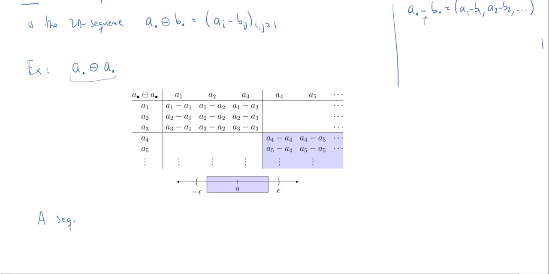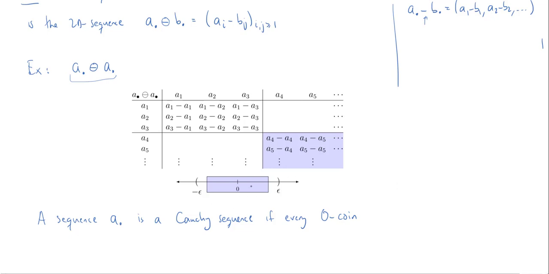A sequence A is Cauchy, or is a Cauchy sequence, if every 0 coin. Remember, we're trying to get the tail of this 2D sequence to get closer to 0, meaning we want the terms to get closer to 0, which means we want them to be inside of a 0 coin.